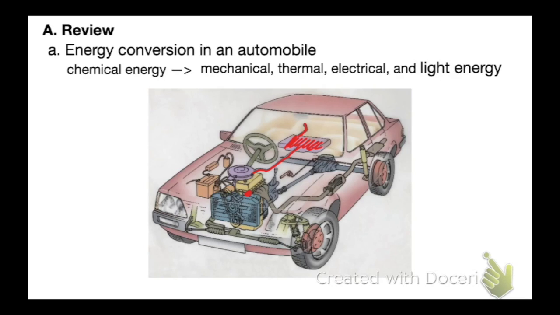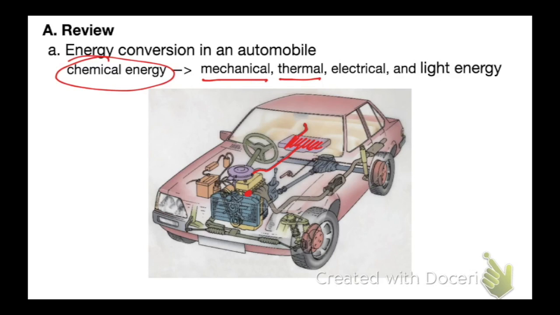We light it on fire, basically, which is chemical energy. There's chemicals, there's energy inside the chemicals. And then we convert that into mechanical energy, parts moving up and down, pistons moving up and down, wheels turning.